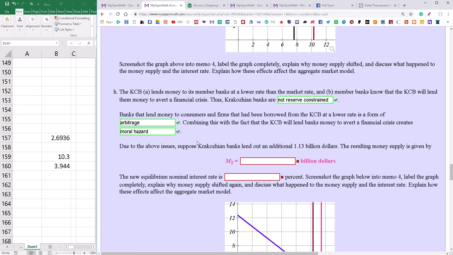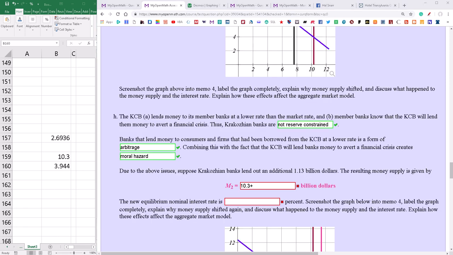Okay, due to the above issues, suppose the Caucasian banks lend out an additional $1.13 billion. So the money supply up here was 10.3. The banks can profit from this arbitrage and the creation of this moral hazard.